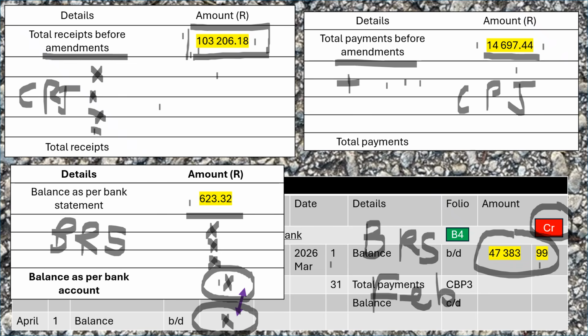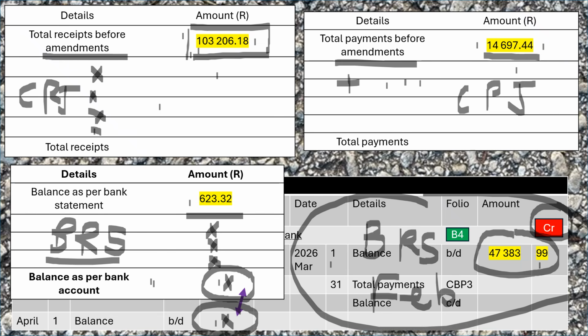So the purpose of a bank reconciliation is to end up with the balance as per the bank account on the bank reconciliation statement. That records information from the eyes of the bank, and that balance there should equal the balance in Calibre Education's general ledger bank account.